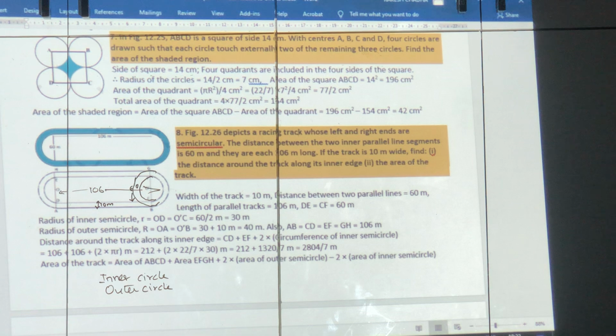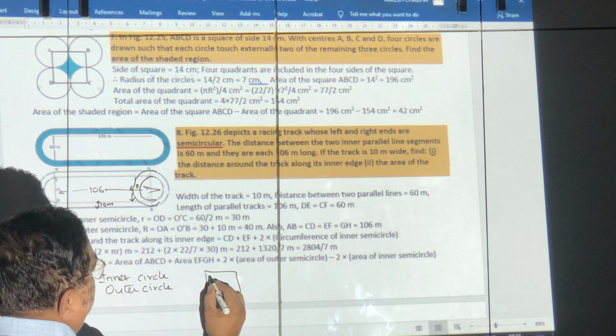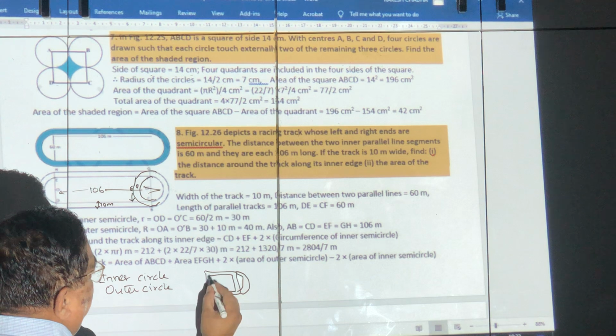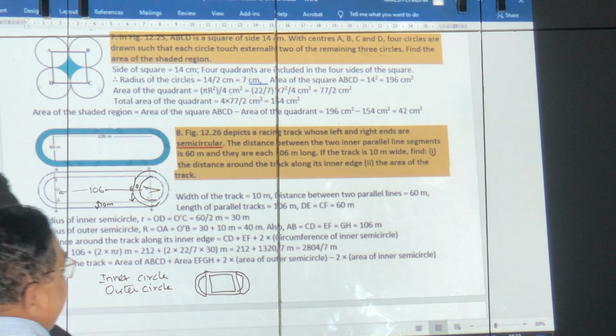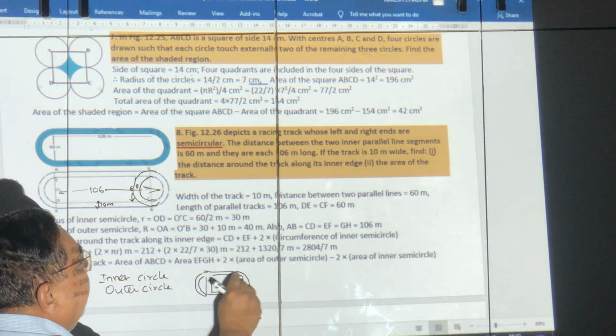So this is how we find the area of the track: the area of the rectangular track which I have, and then the semicircle or circle. 2 semicircles is 1 circle. This is how we add them and it becomes a track.